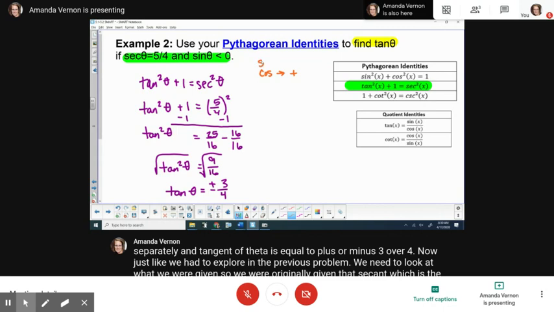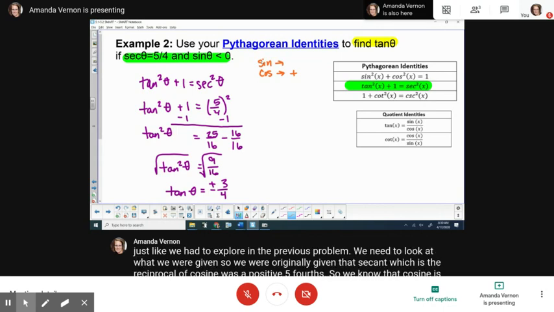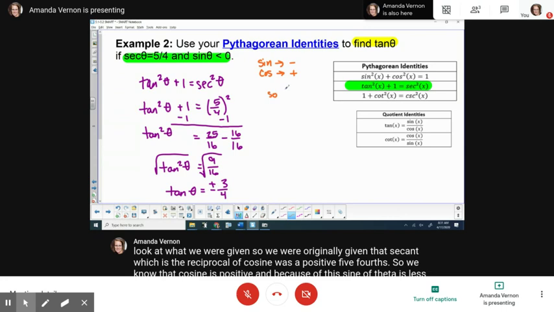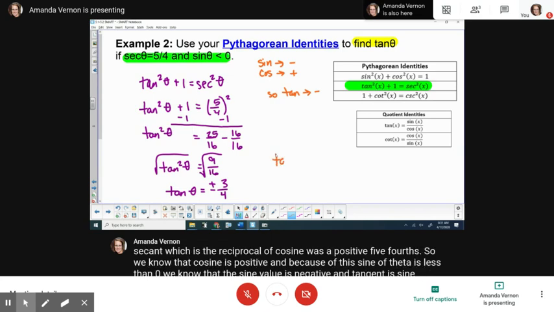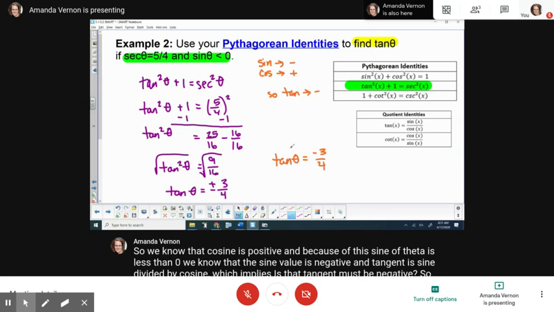We know that the sine value is negative. And tangent is sine divided by cosine, which implies that tangent must be negative. So when I write my final answer, I would say tangent of theta is equal to negative 3/4.